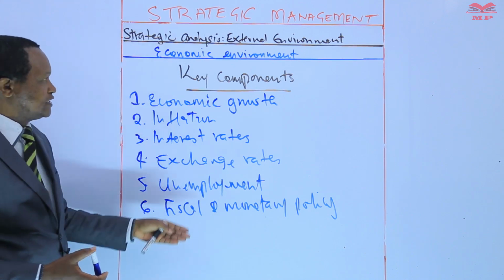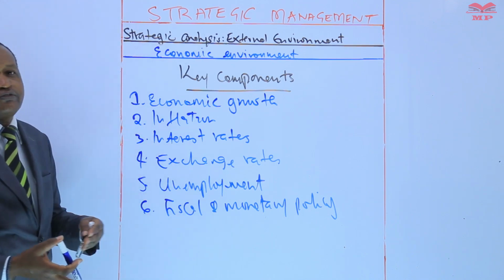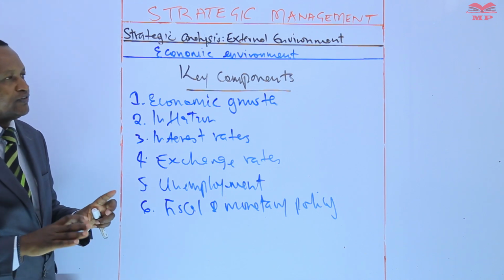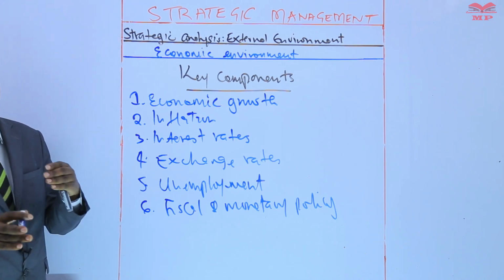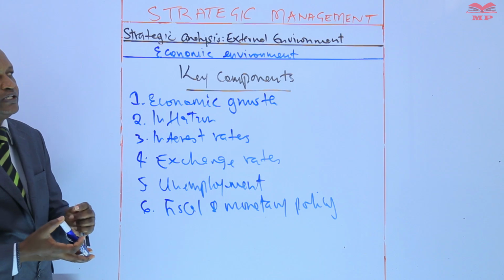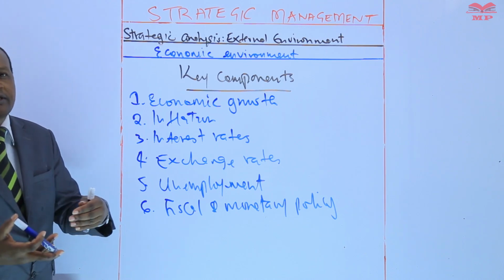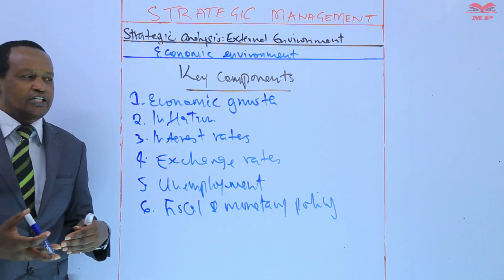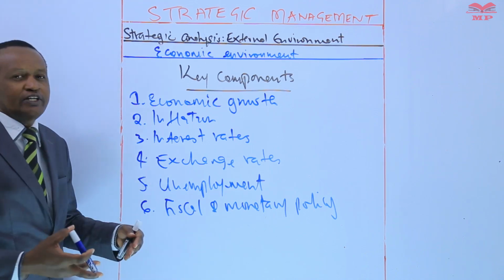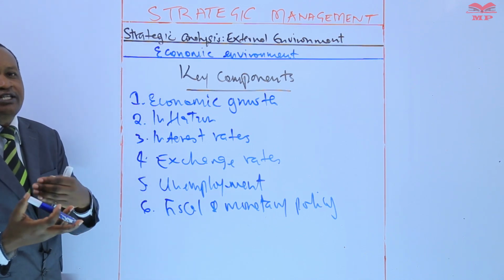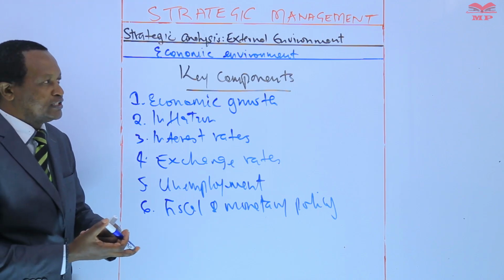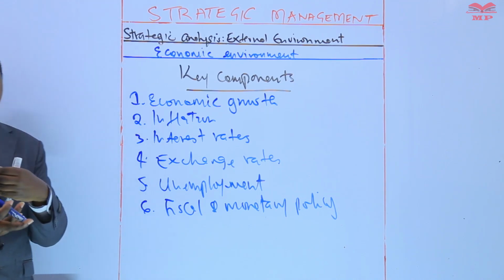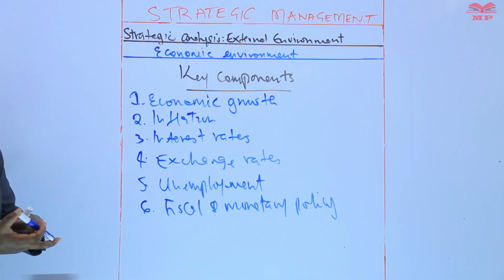So these are six key components of the economic environment. And candidates, the economic environment as we know it is a complex and dynamic force that can significantly impact businesses. And by analyzing the economic environment, companies can gain valuable insights into market trends, consumer behavior, competitive dynamics, and so on.